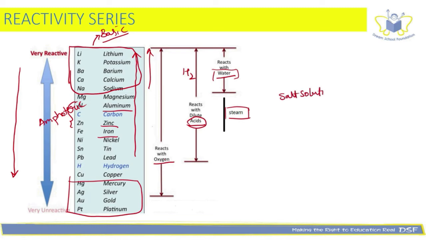And when it comes to salt solution, you do know that metals which are higher up can displace the metals which are lower in place in the reactivity series from their salt solution.